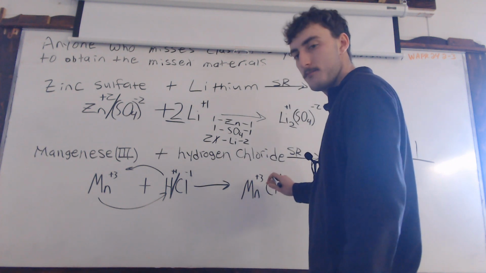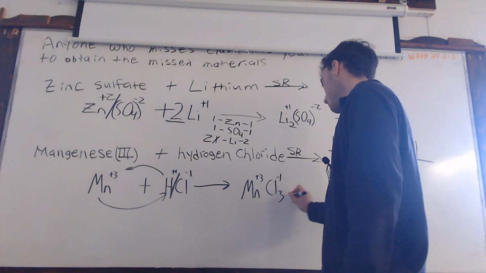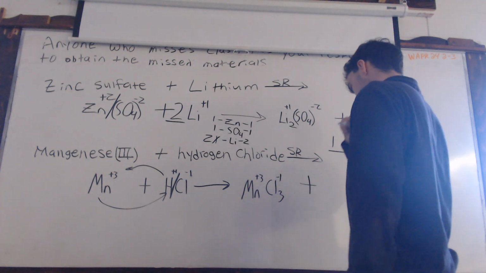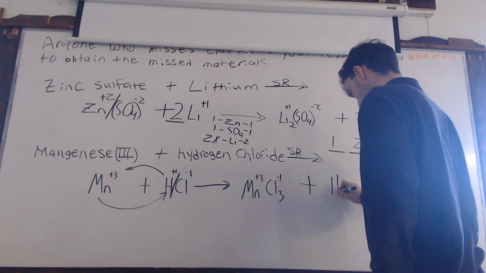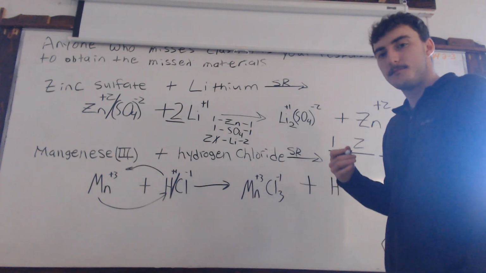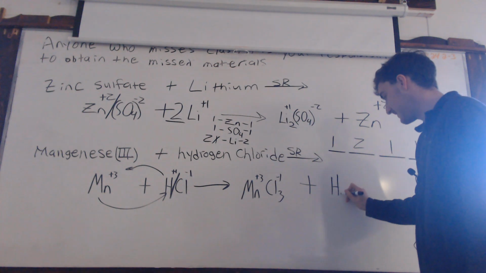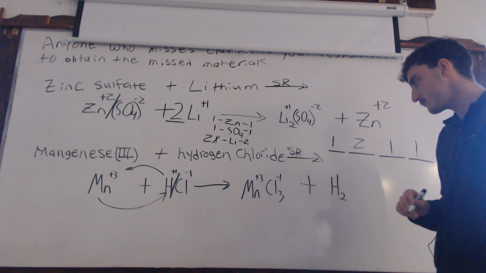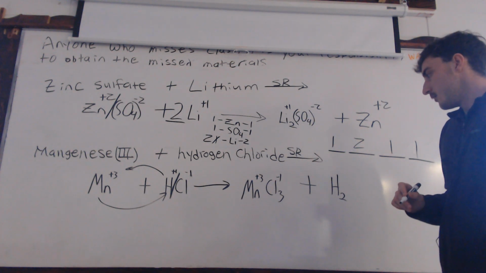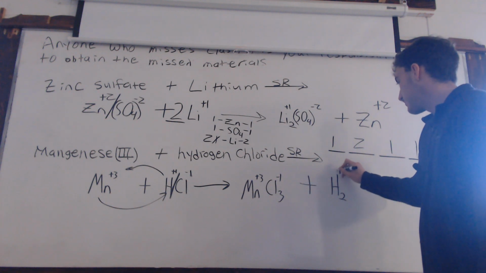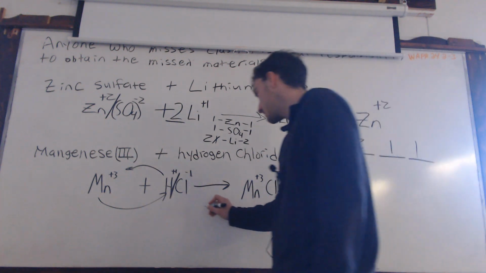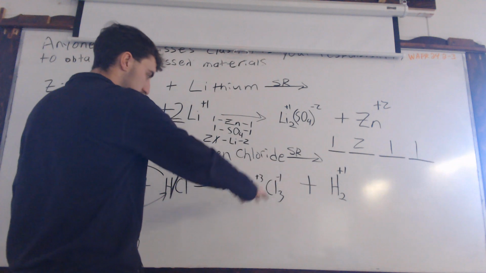These do not balance out, so I have to add 3 chlorine plus hydrogen. However, it's a gas, so we have to make it diatomic, 2. All right, and then don't need it, but plus 1. So let's finish it out. So it's all balanced across the board.